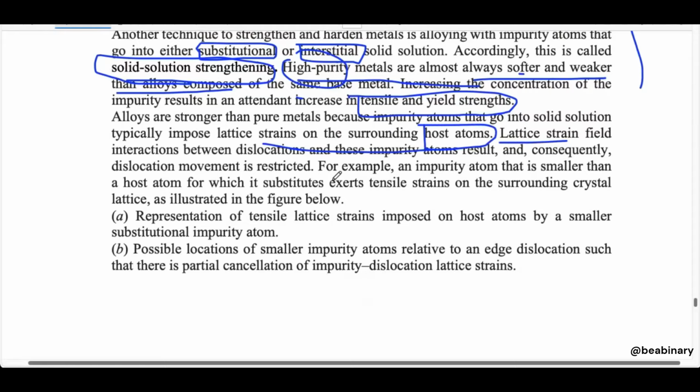It means they will stop the dislocation from moving, and that's why your material increases in strength. If you are able to restrict or stop the dislocation in a material, then you will achieve increased strength or hardness.